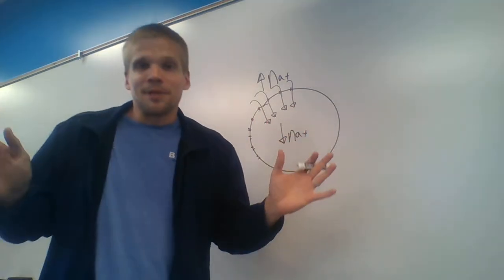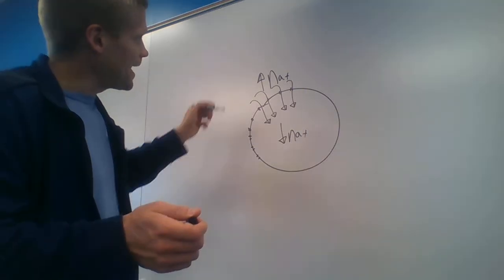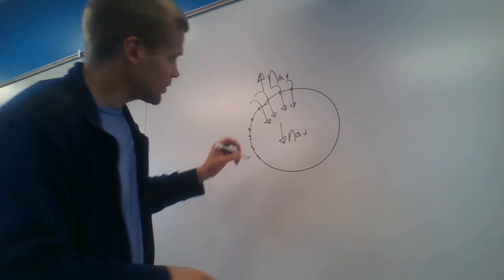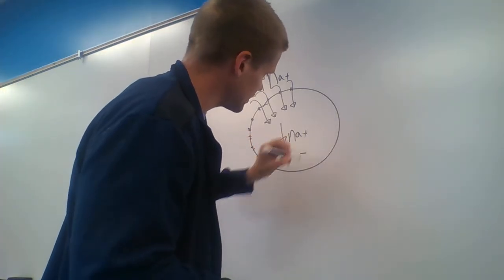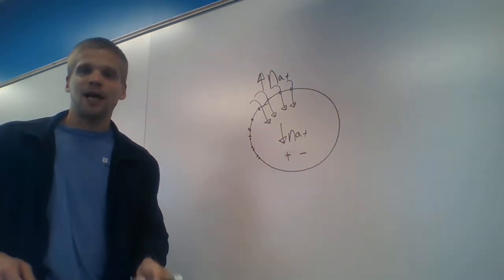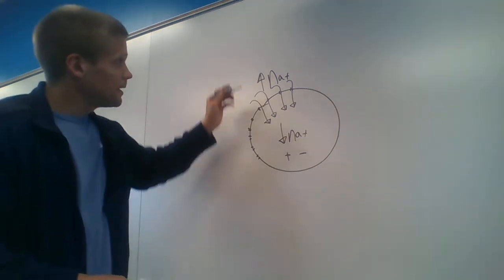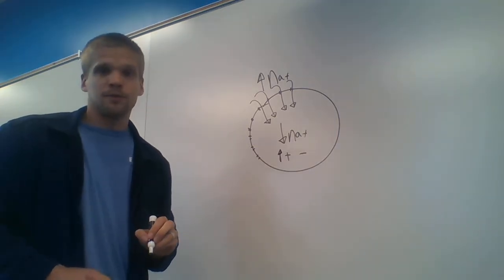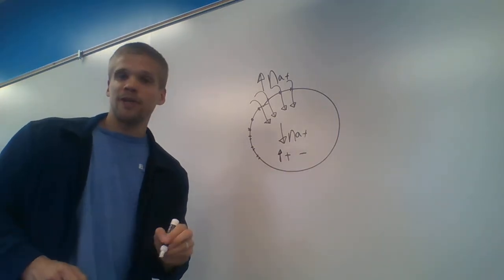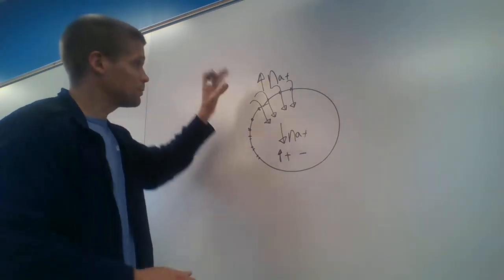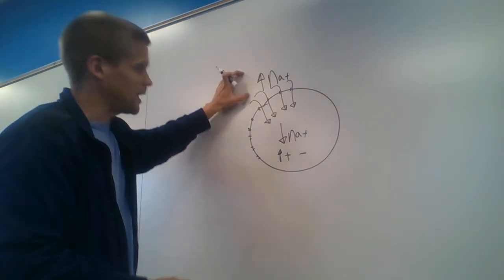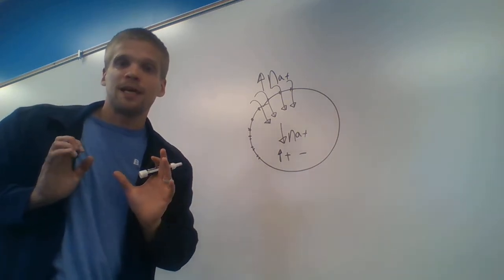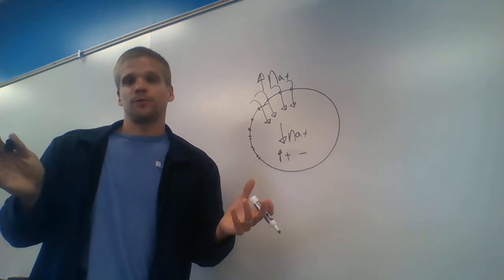And what do you think is going to happen? As more sodium comes from the extracellular fluid into the intracellular fluid, what's going to happen to the proportion of positively charged and negatively charged ions on the inside? You're going to increase the number of positively charged ions in relationship to the number of negatively charged ions, right? Because sodium is coming from the extracellular fluid into the intracellular fluid through its chemical driving force.